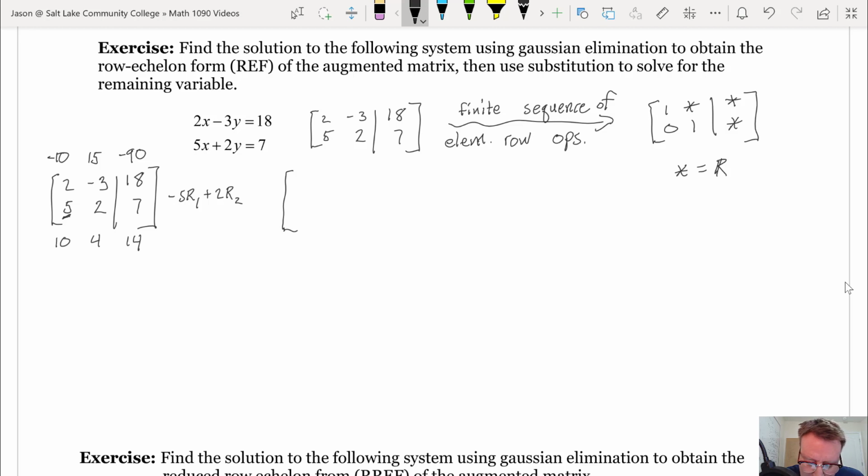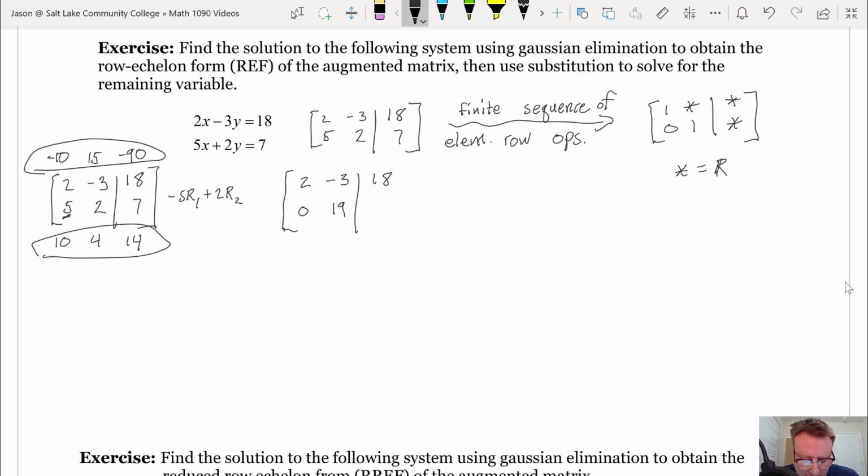Now remember, row 1 stays the same. It's 2, -3, 18. But row 2 changes and becomes 0, because we're adding this to get row 2. 15 plus 4 is 19. And -90 plus 14 is -76.